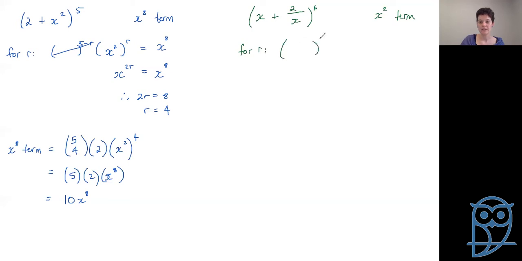Well, we're going to have something to the 6 minus r times something to the r, and we're going to build that x squared. So what goes in the first one? Well, it's a plain x to the 1. So just a plain x to the 1. In the second position, we don't worry about the 2 because he's coefficient. At this stage, just working with x in his exponent. What is the exponent for the x on the bottom of a fraction? This is now an x to the minus 1.